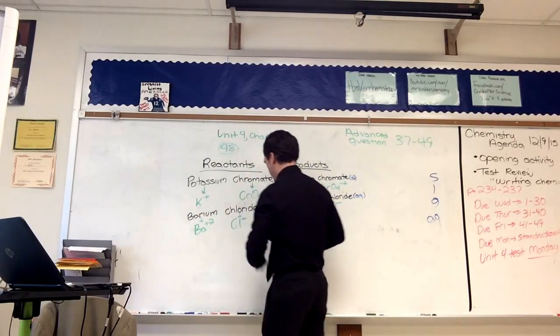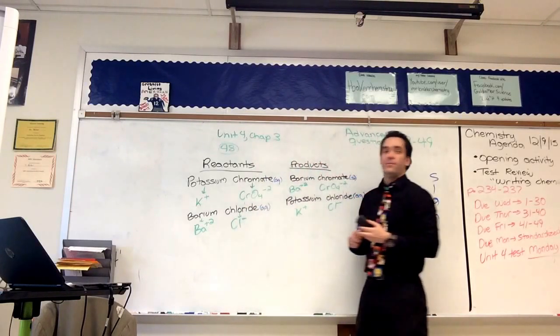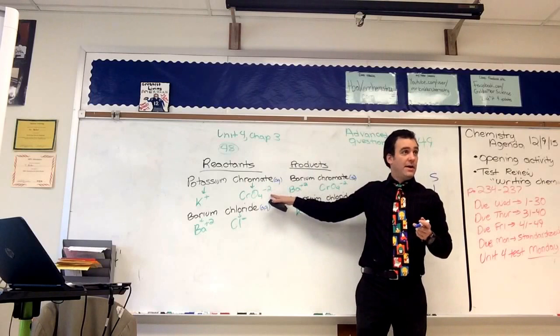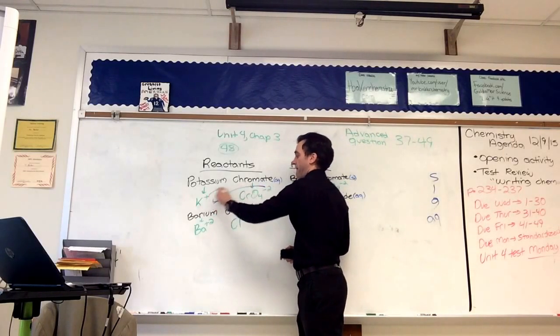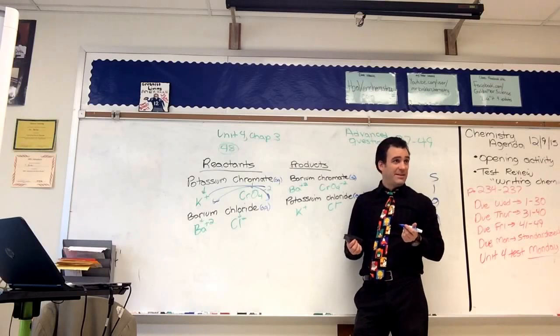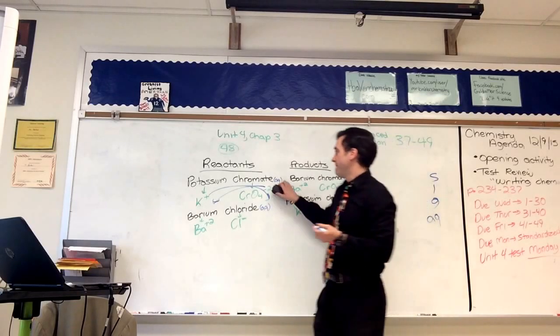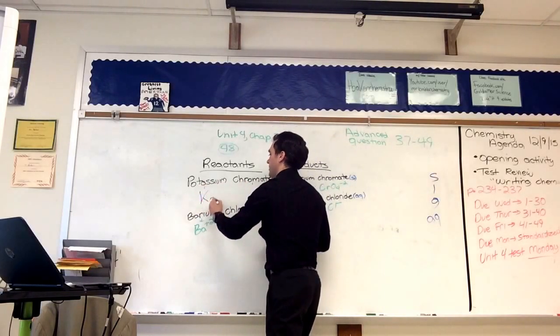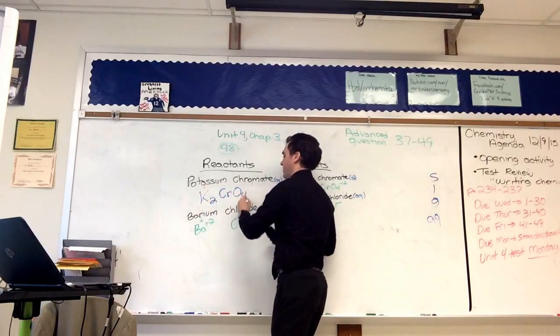Anyways, what would this be? KCrO4. No. K2CrO4. Right. So you would have to do the crossover method, right? So it'll be K2CrO4. Does that make sense? So we got K2CrO4.